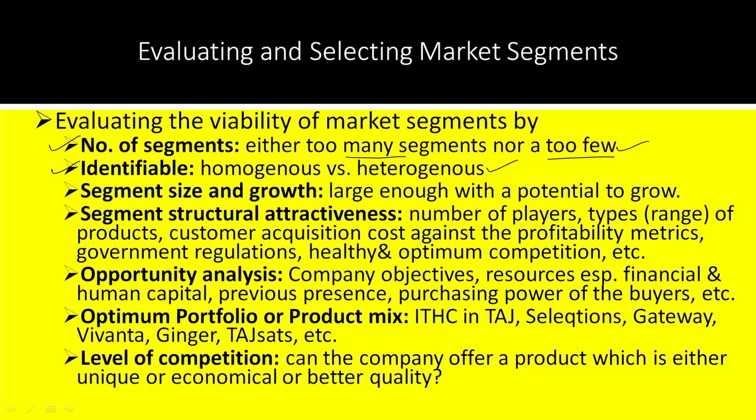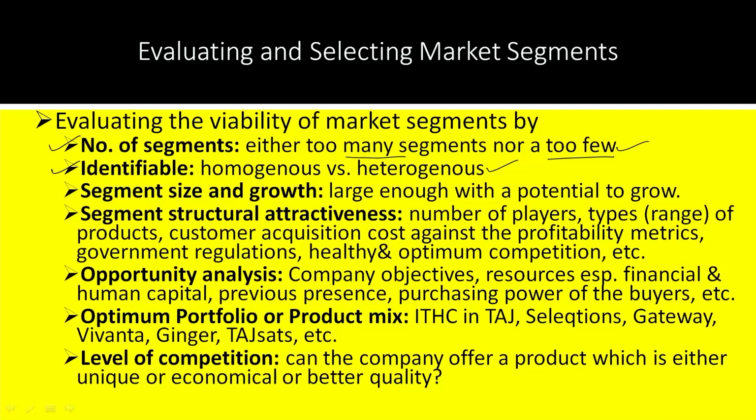This is called heterogeneity. So, identifiable: if you are talking about one segment, say students, then it is a group of students. If you are talking about family, then it is a family. It should not be such that you are doing too much mixing of variables. So, homogeneous within itself and different in between.